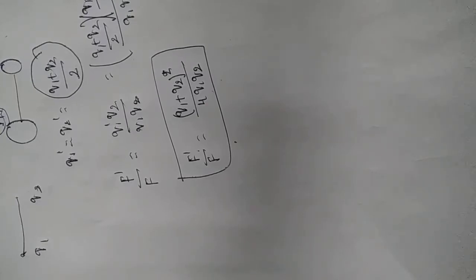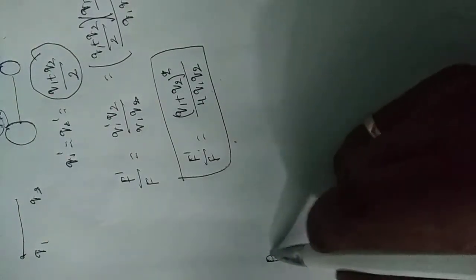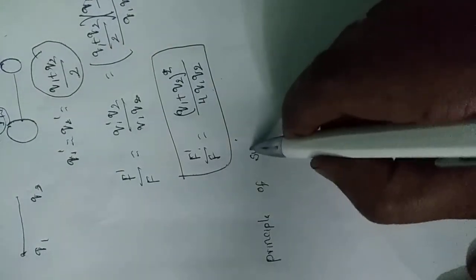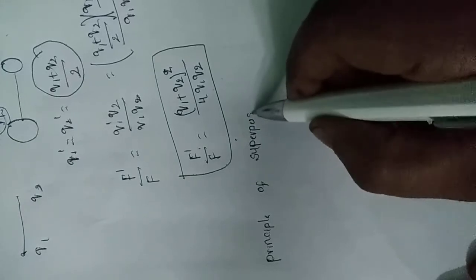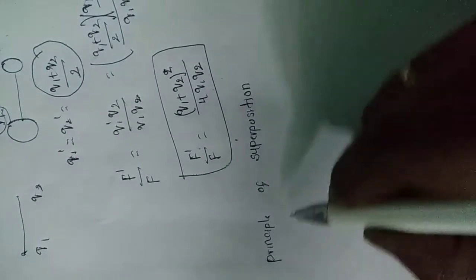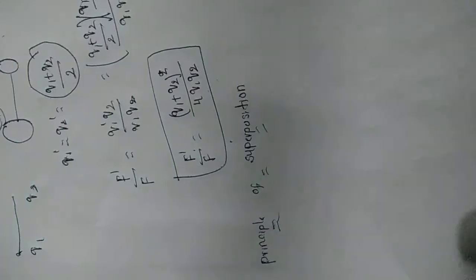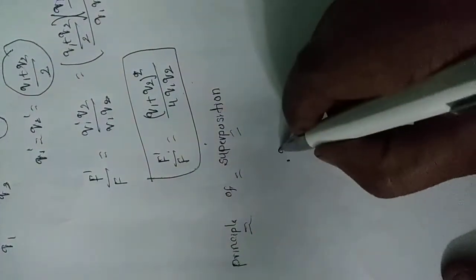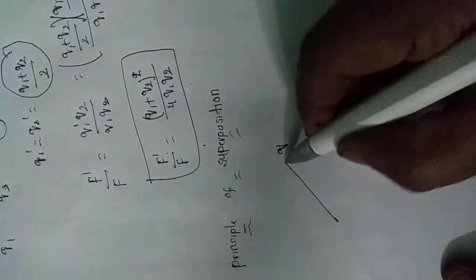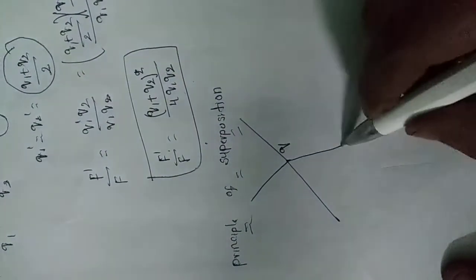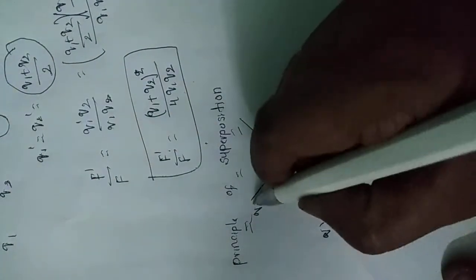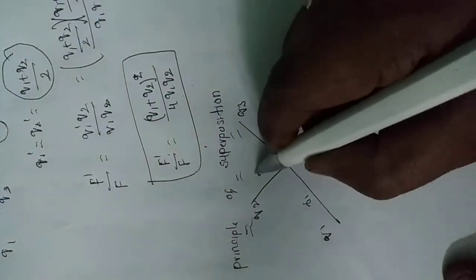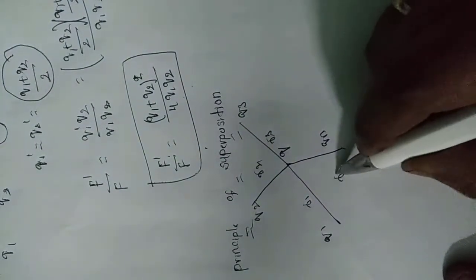Next, principle of superposition. What is the principle of superposition? For example, from the theory point of view, if this is a charge Q, and n charges are acting on it, Q1, Q2, Q3, Qn, at distances R1, R2, R3, Rn.